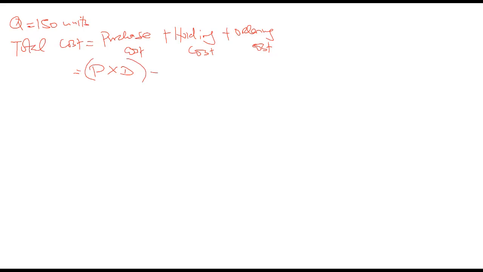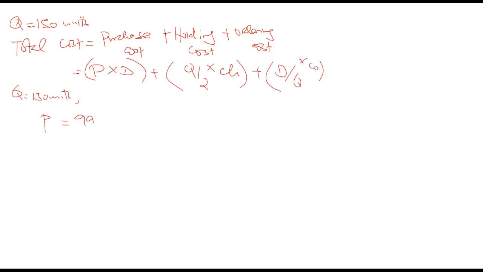The holding cost is Q divided by 2 times holding cost per year, and the ordering cost is the number of orders per year times cost per order. There's a 1% discount, so the price will be 99% of the current price without the discount. The price is 25, which gives us 24.75.